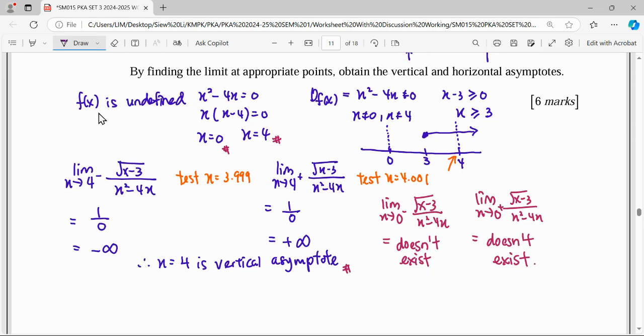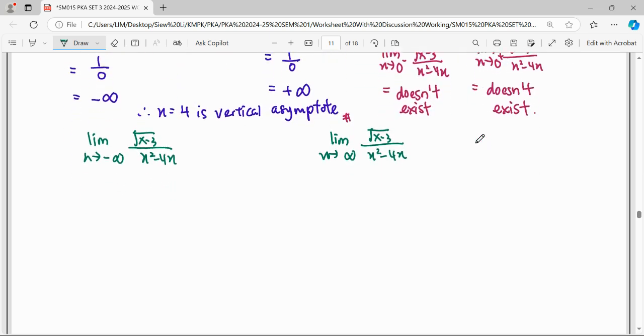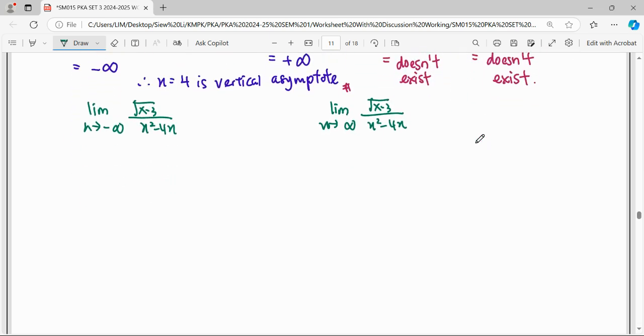Horizontal asymptote calculation will be the limit for x approaches negative infinity for the function, and the limit for x approaches positive infinity for the function.